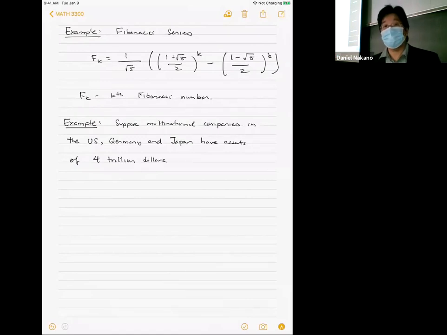In the entire system there's 4 trillion, and this 4 trillion is going to move around in various ways.